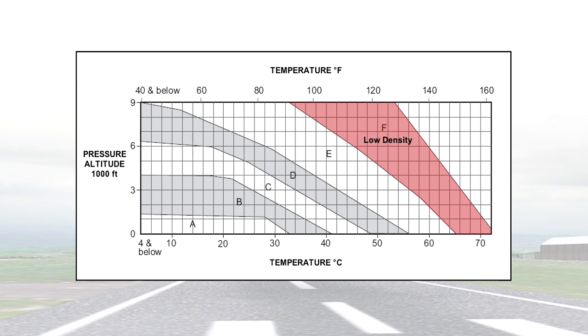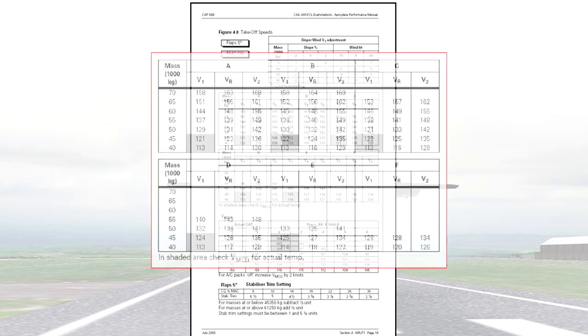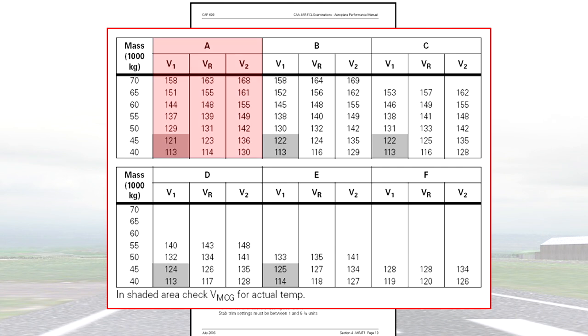We can now use these bands to see the effect density has on V1. Returning to page 18, notice that bands A, B, C, D, E, and F are in the speed tables. Taking a mass of 50,000 kilograms in band A, which is high density, V1 is 129 knots. But in band B, C, D, and E, the value of V1 is increasing. Therefore, as density falls, shown by going through bands A to E, V1 increases.